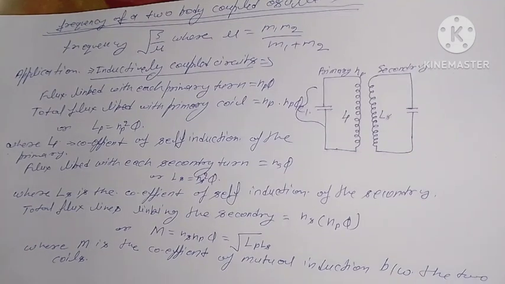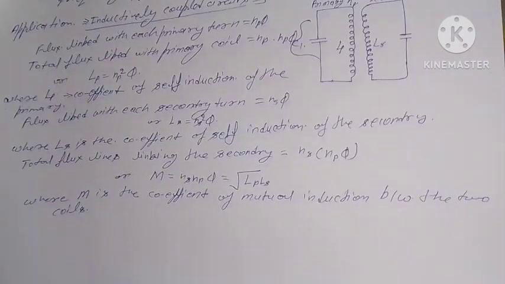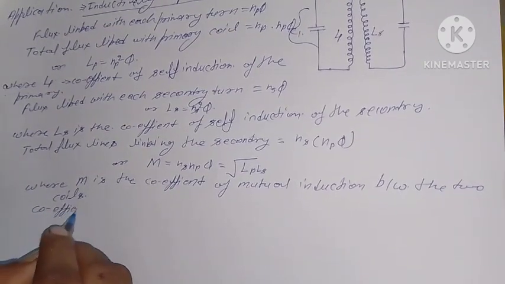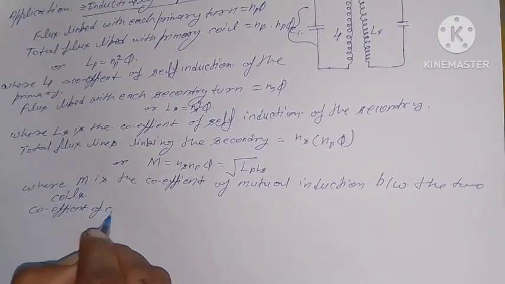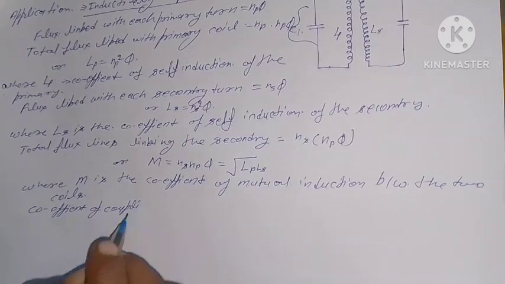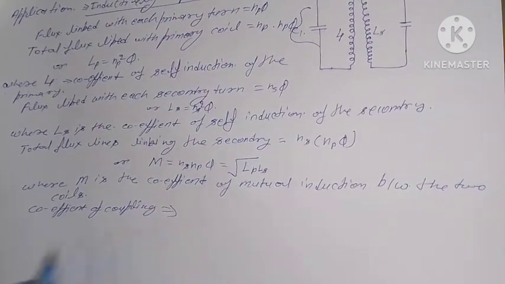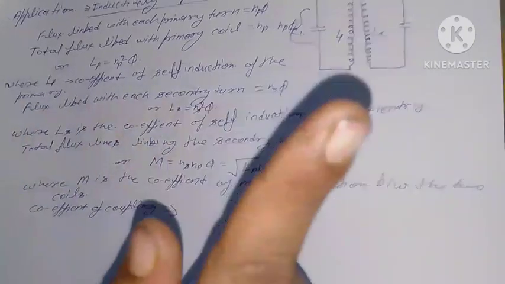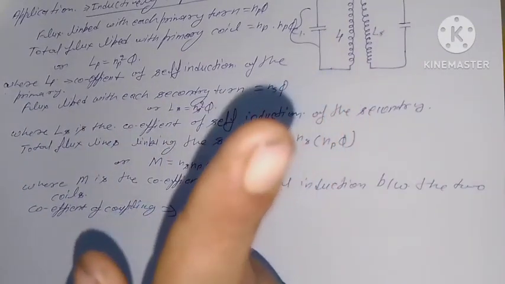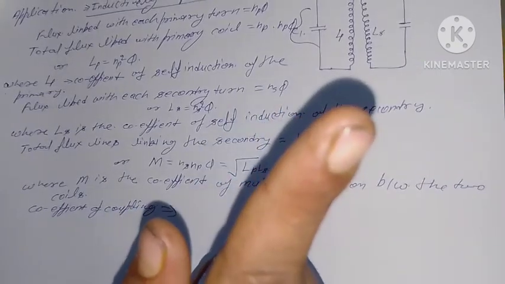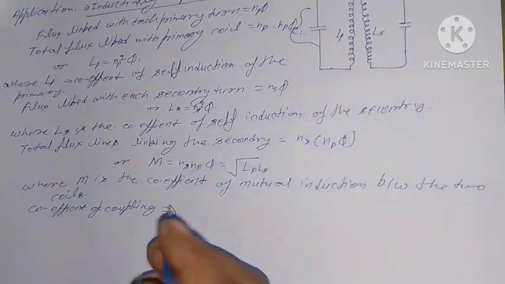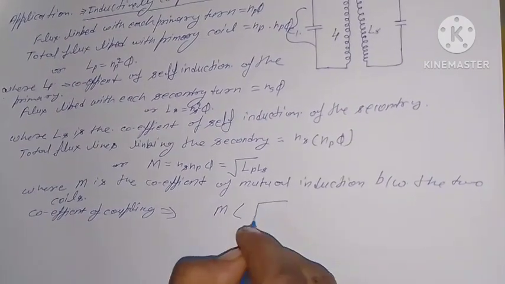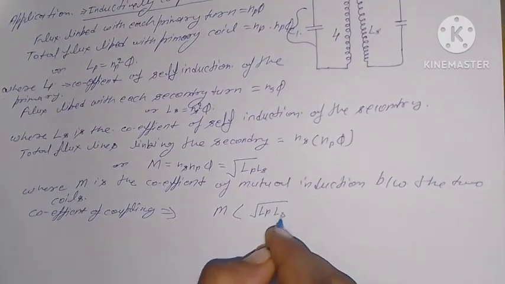Coefficient of coupling. The above result is true only when there is no leakage of magnetic flux. In practice, however, some leakage of flux does take place, and M is less than under root of LP LS.